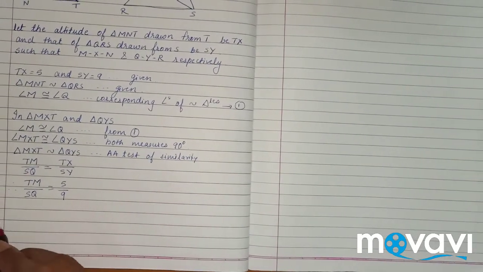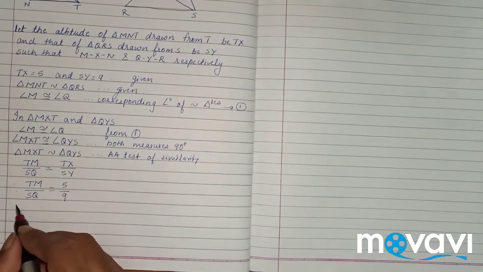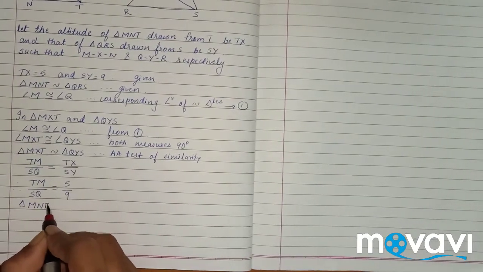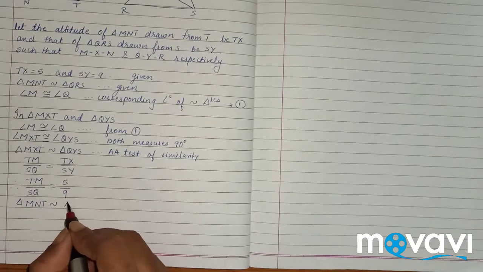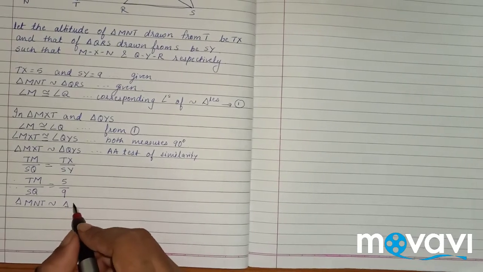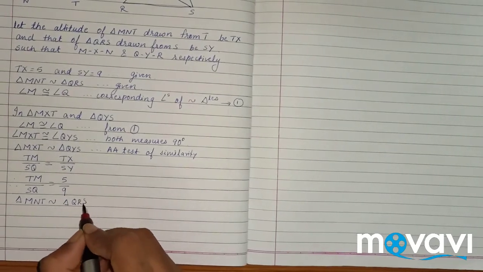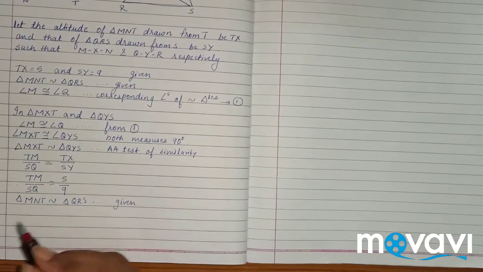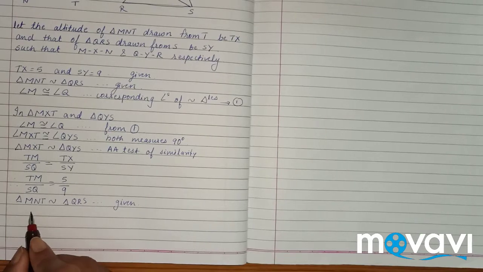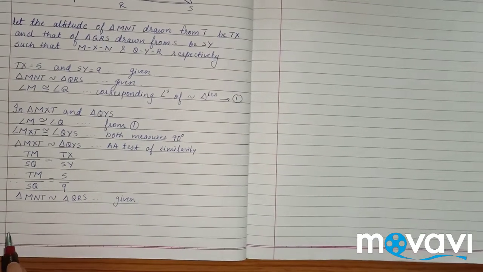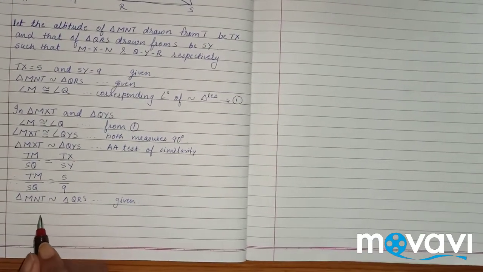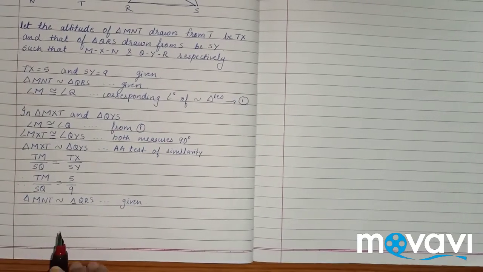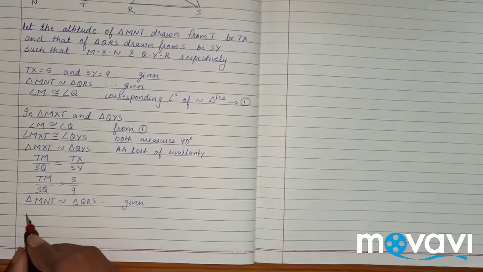Now, triangle MNT is similar to triangle QRS. This is given to us. Now, if they are similar, we have studied theorem of areas of similar triangles. What is it equal to? Squares of ratios of their corresponding sides.